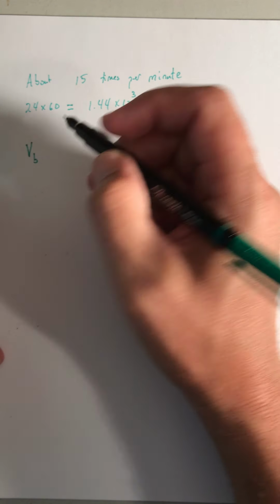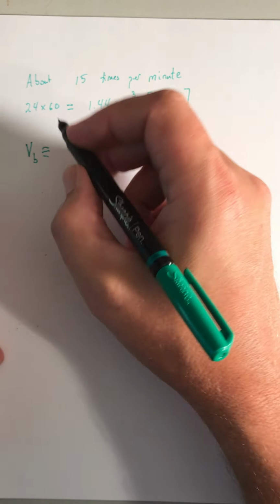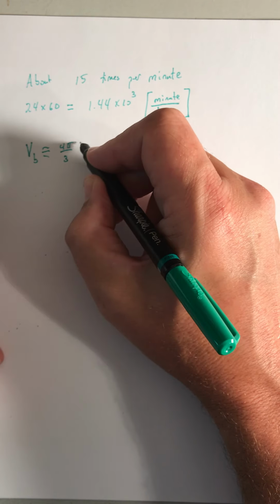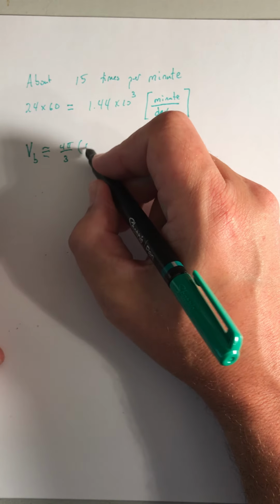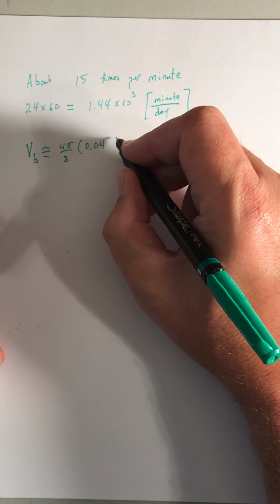So the volume of one breath, put that in as approximately the volume of a sphere, because that's easier to calculate than the actual volume of the geometric shape of a balloon.